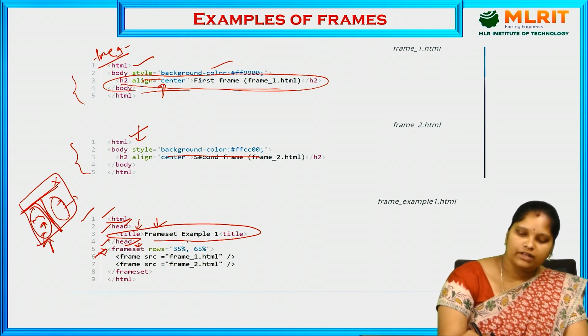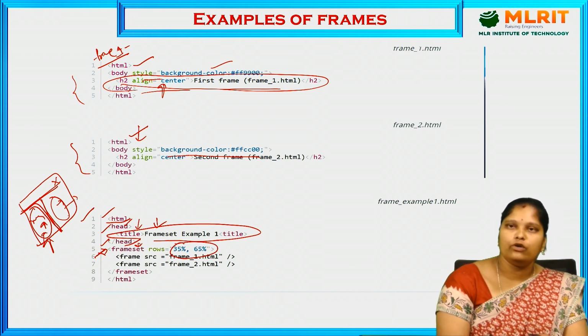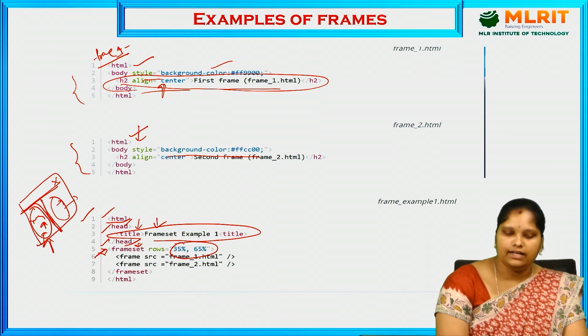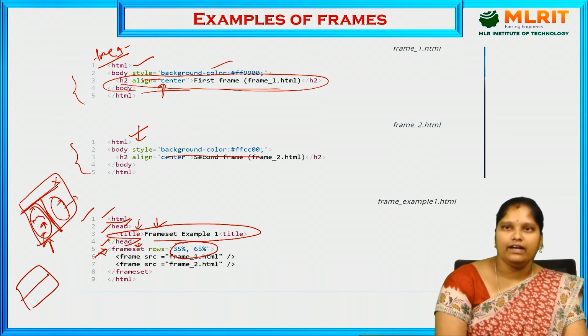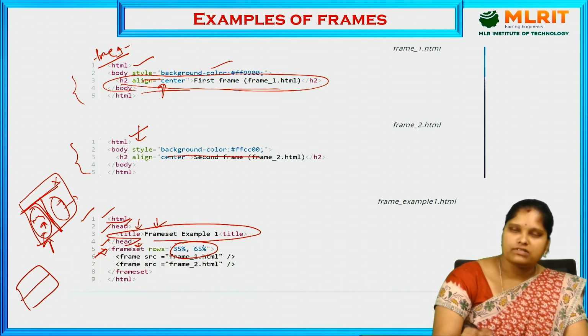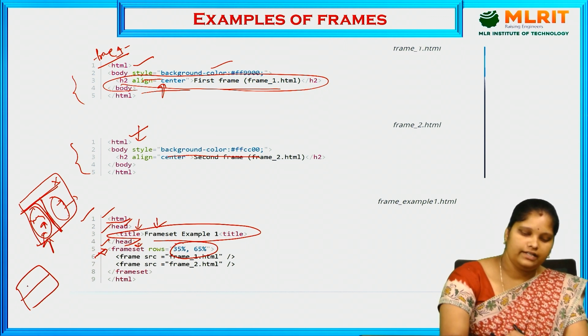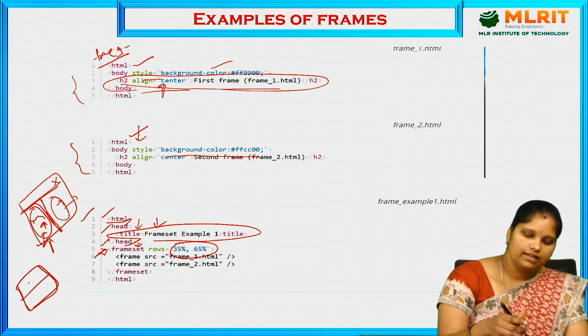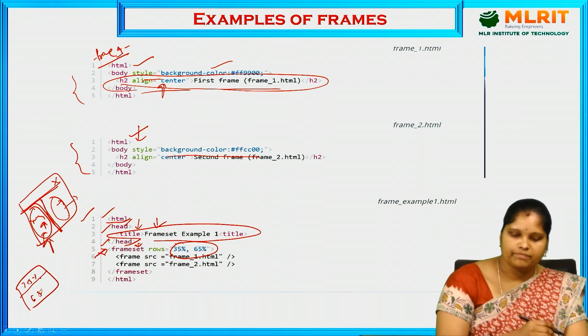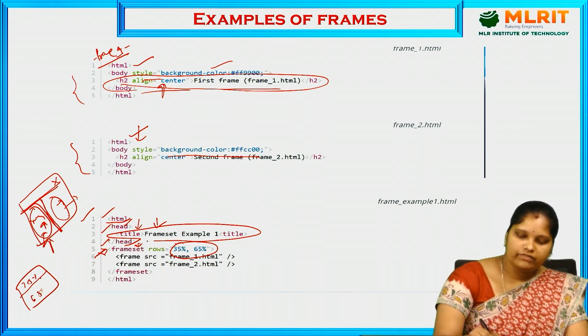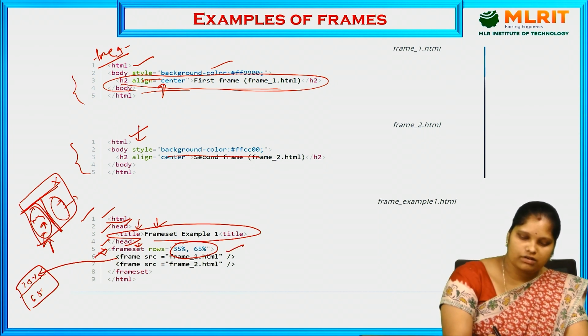I want to divide the window into two parts, like this, 35% and 65%, which makes 100%. I need to give the source for frame 1 and also frame 2.